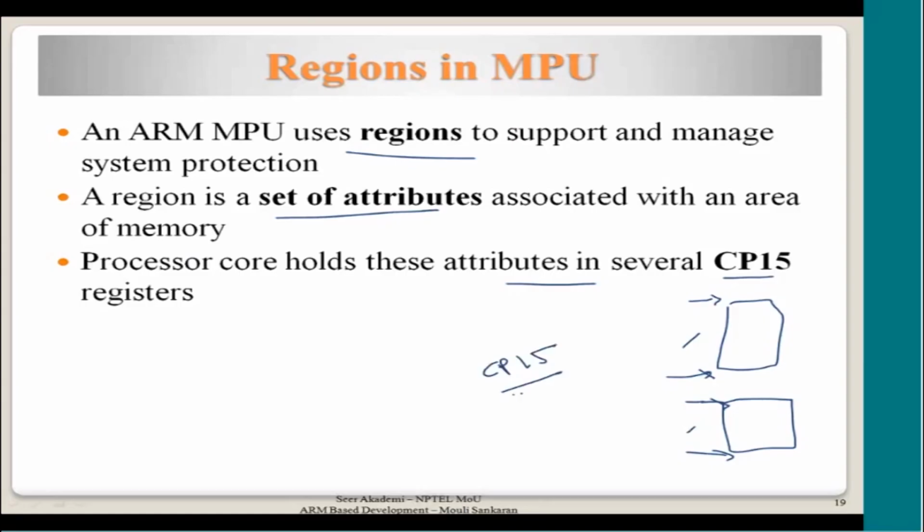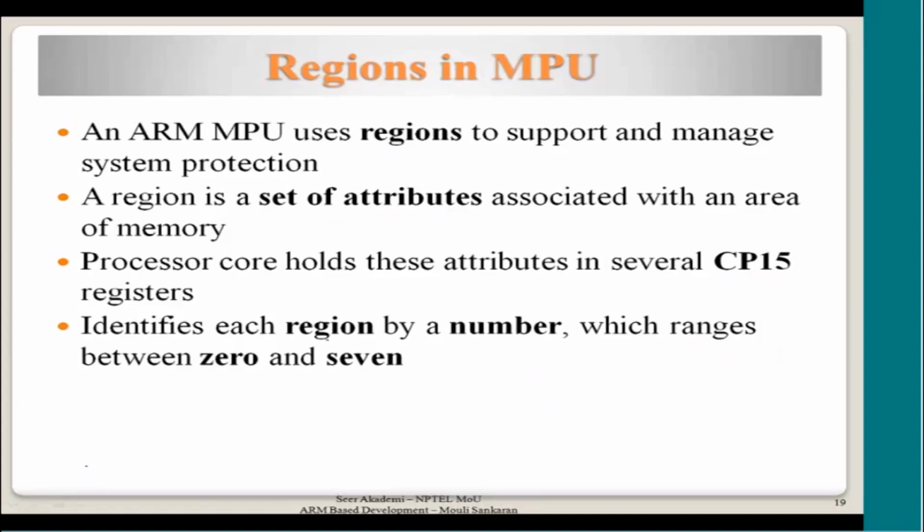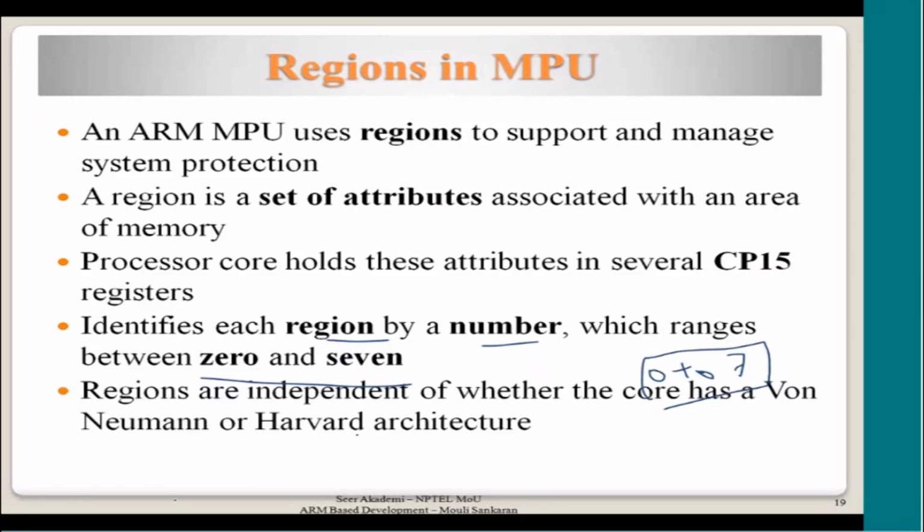CP15 is the Coprocessor 15 register. The MPU, as I mentioned, is implemented as a coprocessor in the ARM system. It identifies each region by a number, which ranges between 0 and 7. I told you there are 8 regions, so the numbers vary from 0 to 7.